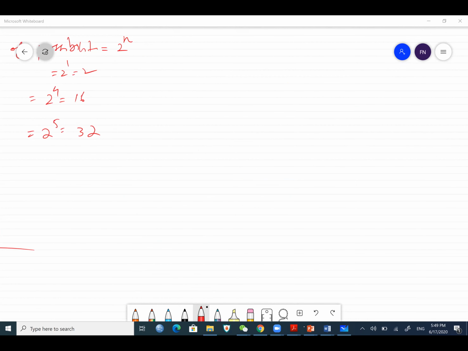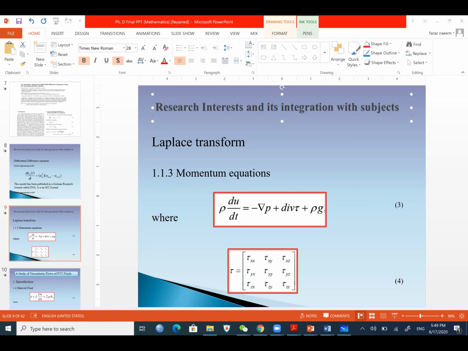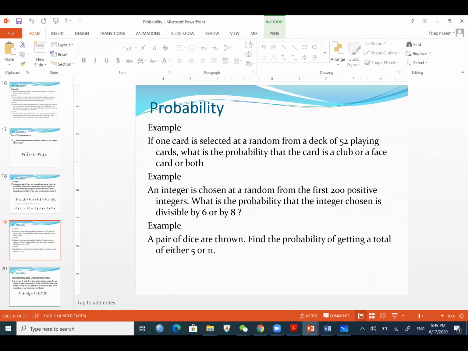For example, if a card is selected at random from a deck of 52 playing cards, what is the probability that the card is a club or a face card?